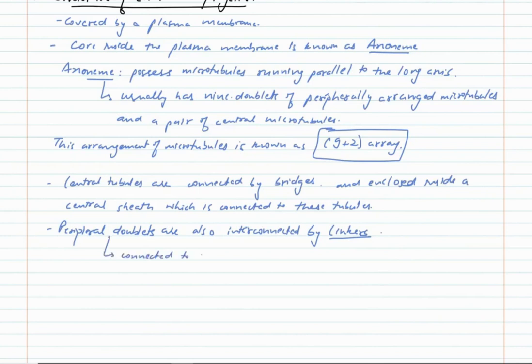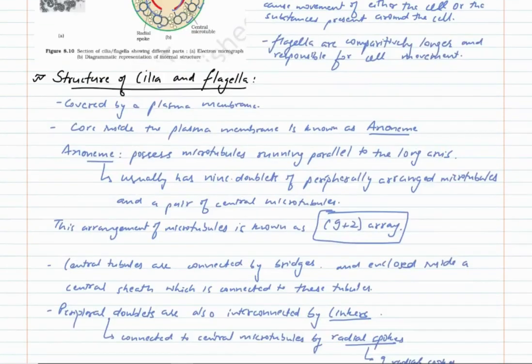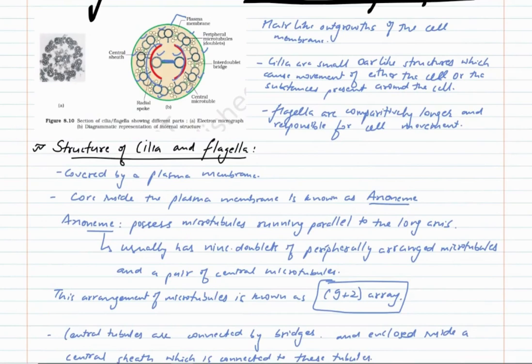These peripheral doublets are connected to central microtubules by radial spokes. So in total there will be 9 radial spokes.